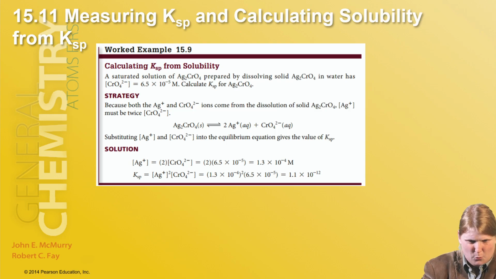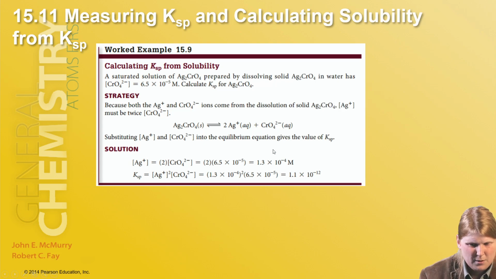So we set up a Ksp expression, and we can calculate the concentration of the other ion because we get 2 of those, 2 silvers, for every chromate. And we can see that in the equilibrium formula that we write out here. So since we know the concentration of the chromate, we'll need twice that to get the concentration of the silver. And then we can plug those two in and calculate the Ksp.